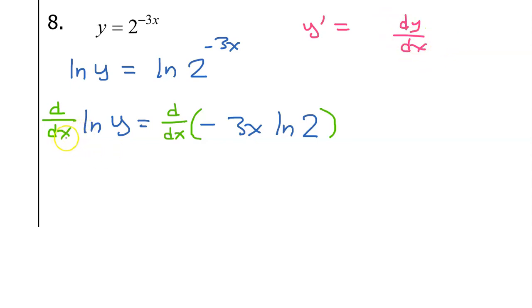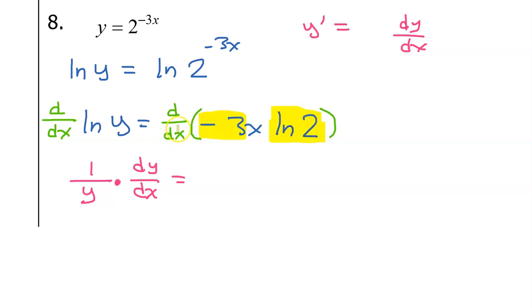So we know that the derivative of natural log x is 1 over x. So the derivative of natural log y will be 1 over y. However, because the variables don't match, we have to use the chain rule and then multiply it by the derivative of the inner function, which is simply dy dx. Notice that negative 3 and natural log 2 are constants.